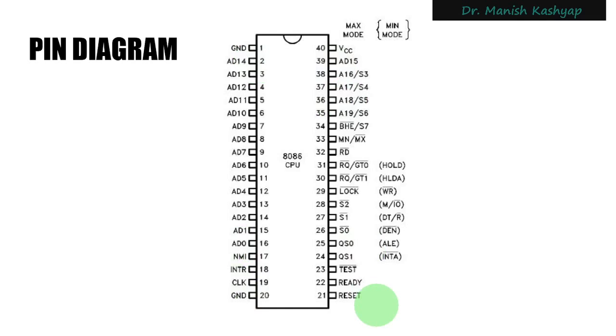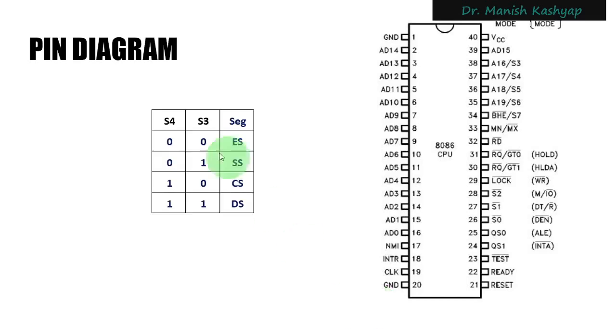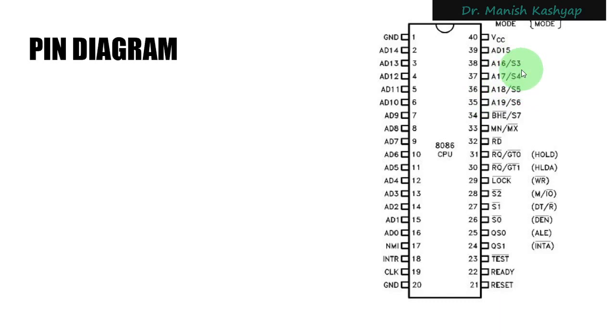In this context we have studied various tables, like the S4 S3 status bit table. S3 and S4 are multiplexed with the A16 and A17 pins. The meaning of this is clear to us. That is, whether S4 and S3 are 00, 01, 10, or 11 indicates which segment is selected, by these two status bits, S3 and S4.